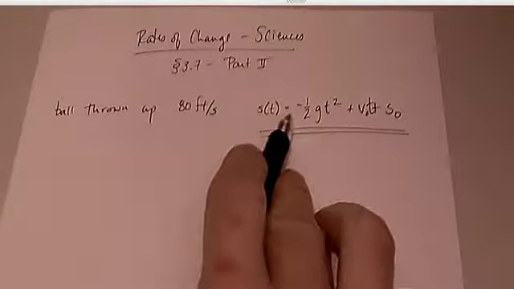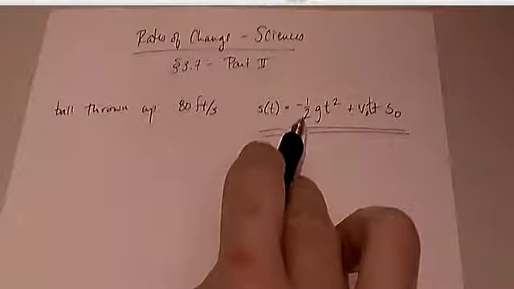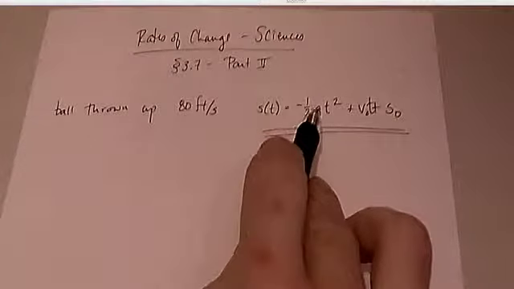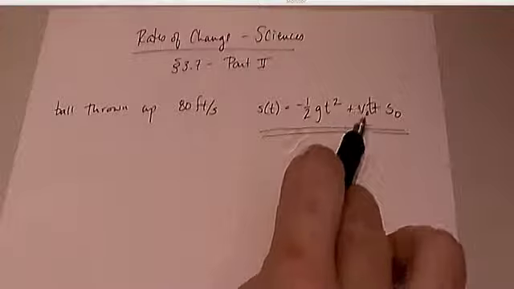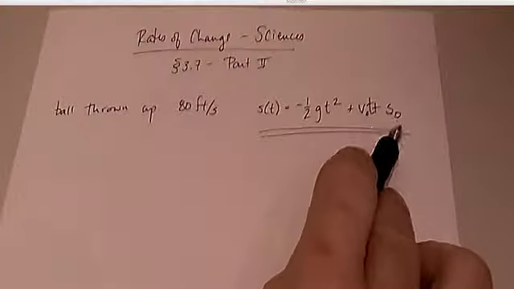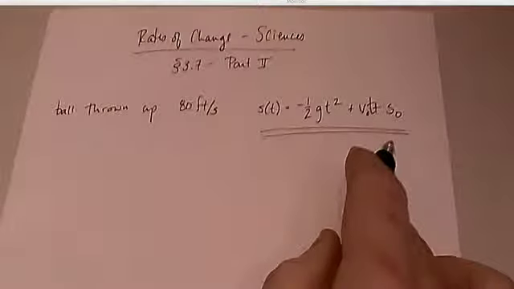Okay, so in order to gauge the height of a particular projectile, basically it's -1/2 the pull of gravity times time squared plus the initial velocity times time plus the initial position. Okay, now they didn't actually expect you to do that.